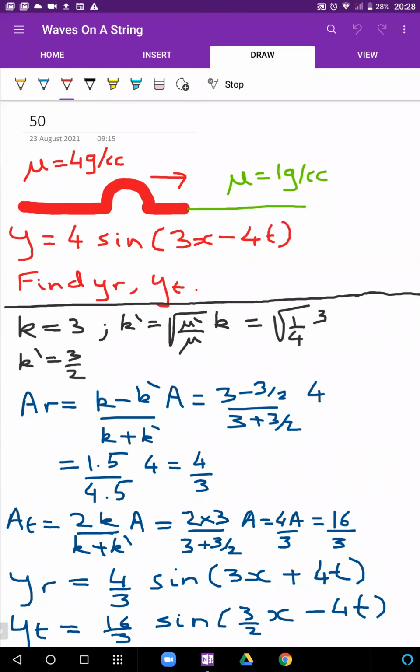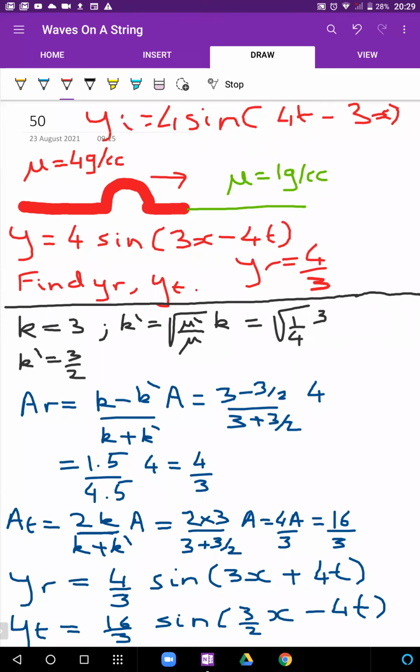Incident wave का equation अगर तुम्हें दिखता है, 4t minus 3x. और अगर तुम्हें reflected wave का equation लिखना था, तो a वगैरह निकाल दिया, 4/3.